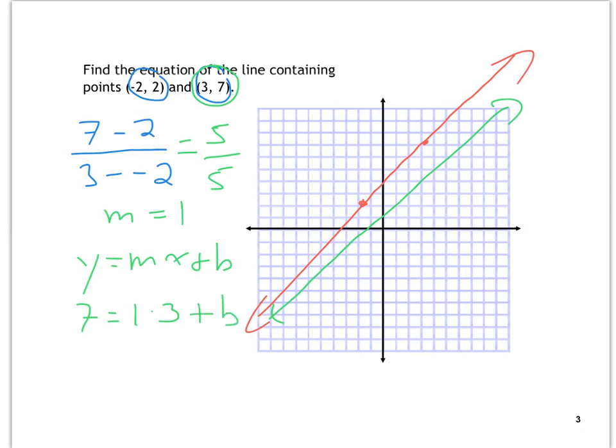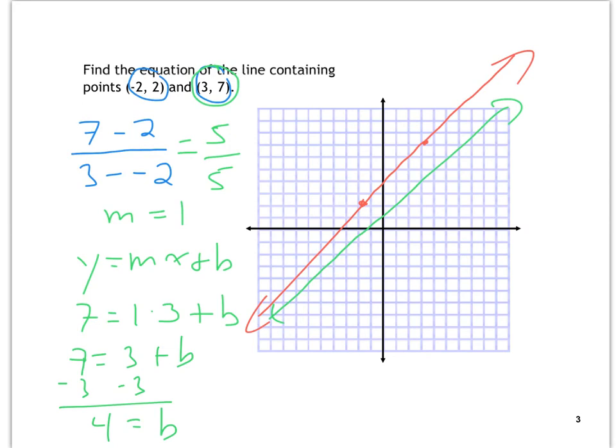I'm going to solve that for my b. So it looks like 7 is equal to 3 plus b. I'm going to subtract 3 from both sides. Minus 3, it looks like now 4 is equal to b.